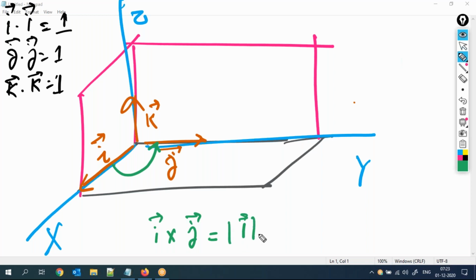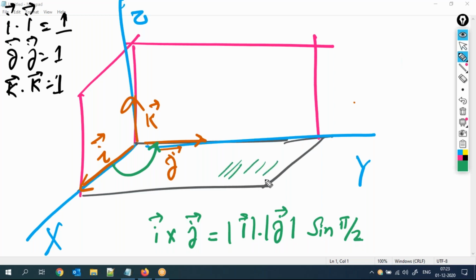i, j, and sine pi by 2. Yes or no? Remember, cross product is sine. This is area.